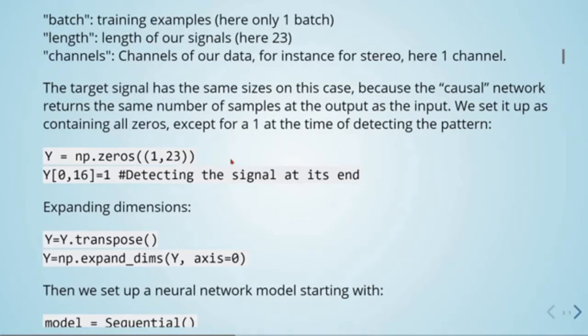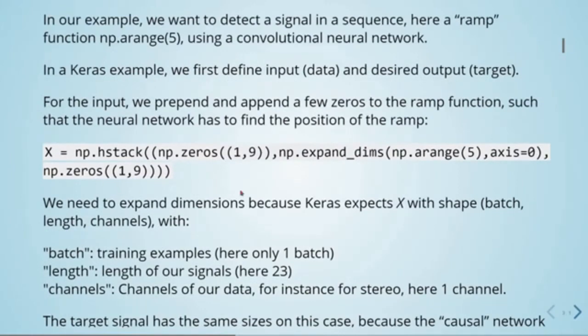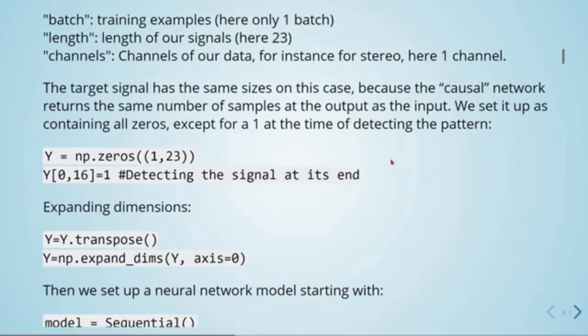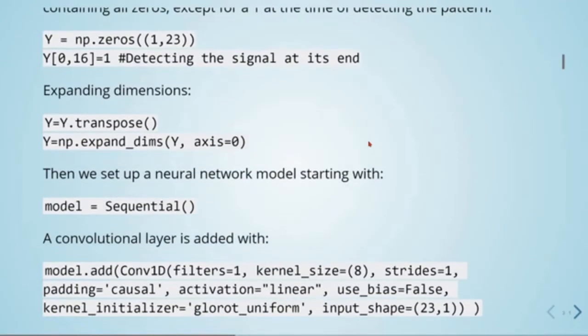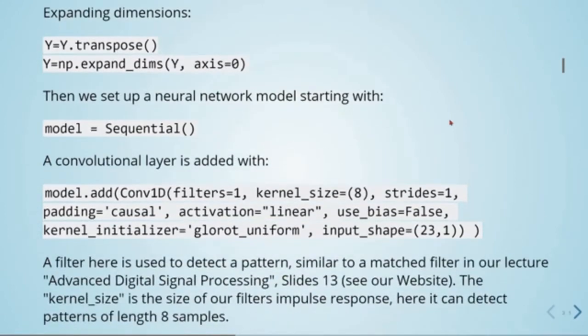So we have here zeros, and then we have a 1 at this position. So we will input this: we have zeros, then a ramp, and then zeros, and the target is just a 1 when the signal ends. We also need to change the dimensions, and then we will start setting up our network model.